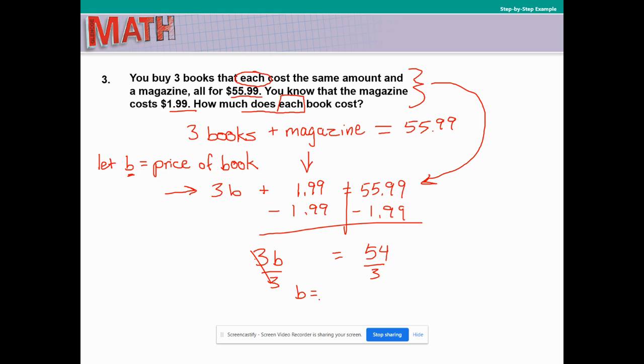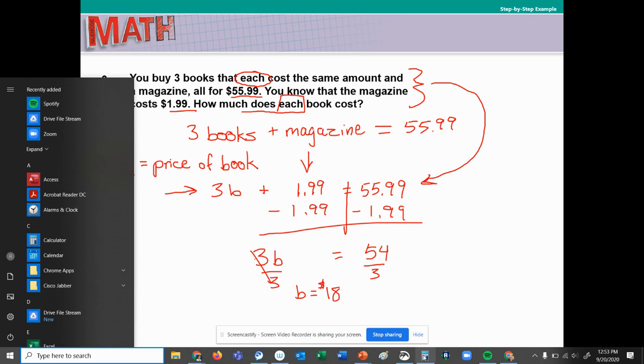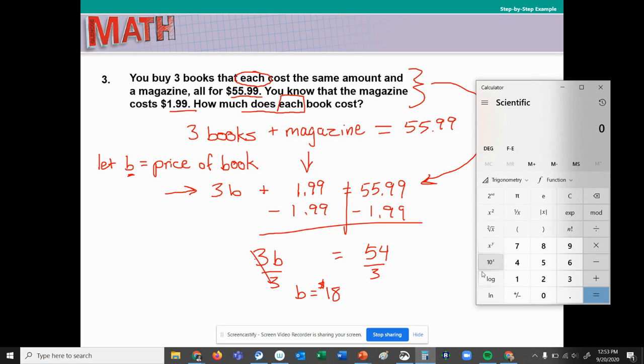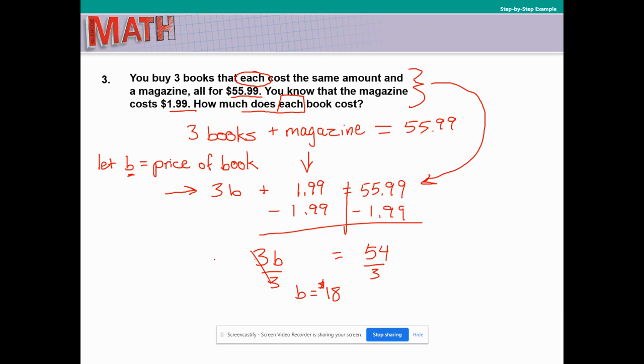The books have to equal, let's see here, that's going to be about $18 each. And guys, if you don't know this off the top of your head times tables, that's okay. I would be using a calculator on this. I would pull up my little calculator app just like this and do 54 divided by 3. Okay, thanks guys.